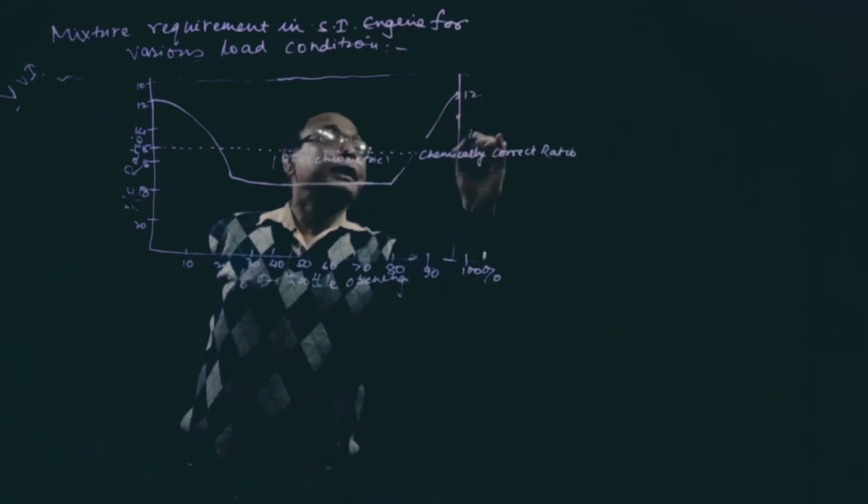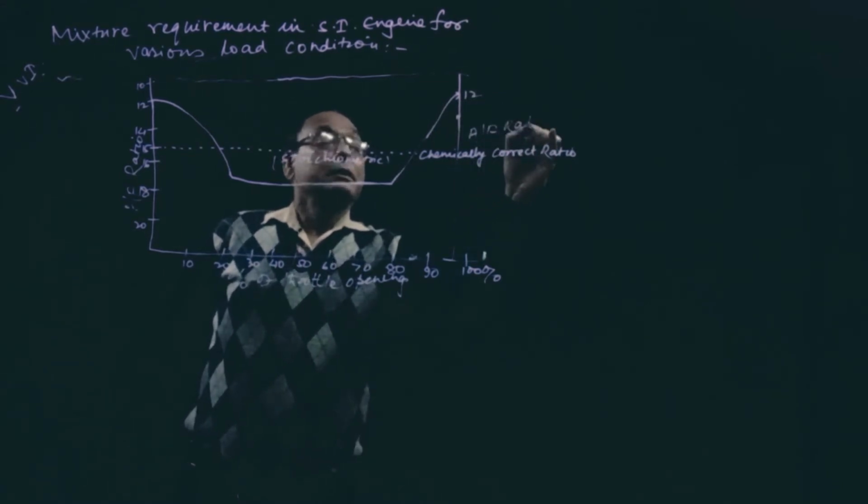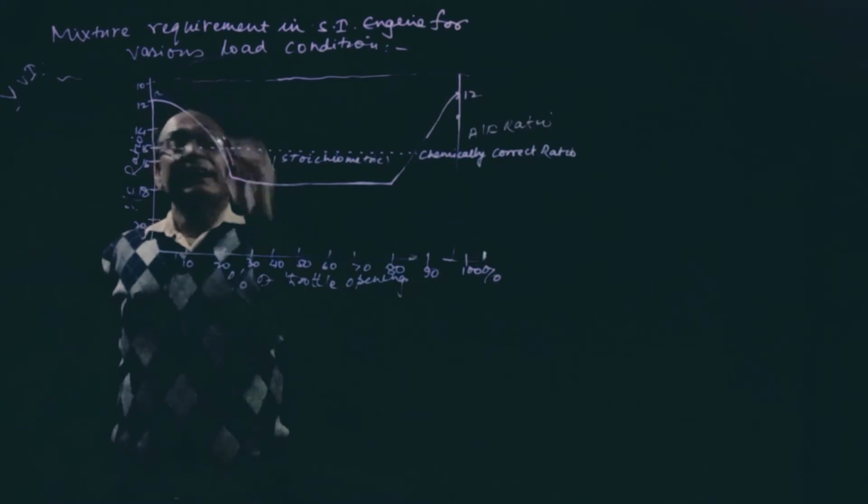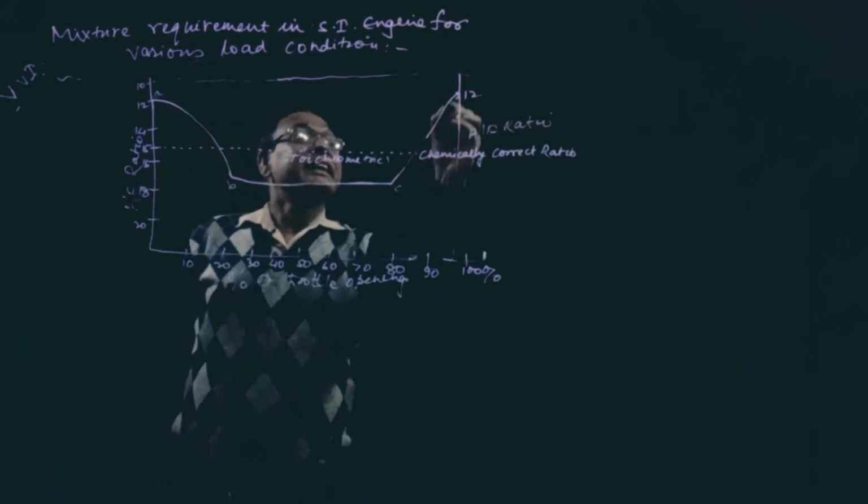This is also air fuel ratio. See, this is portion A, this is B, this is C and D portion.